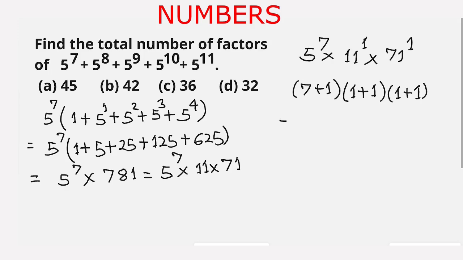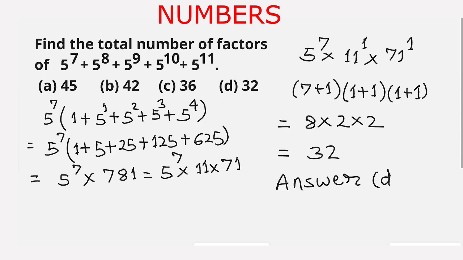And this is equal to 7 plus 1 is 8 multiplied by 1 plus 1 is 2 multiplied by 1 plus 1 is 2. So this is 8 times 2 is 16, and 16 times 2 is 32. So the total number of factors of given question is 32. And from the given options, our answer is option D, 32.